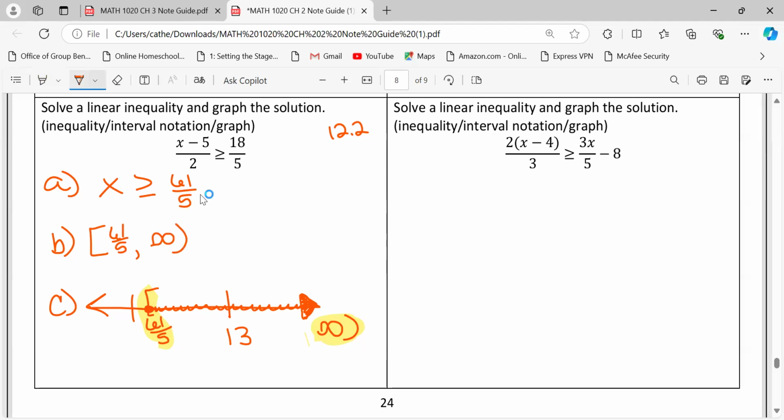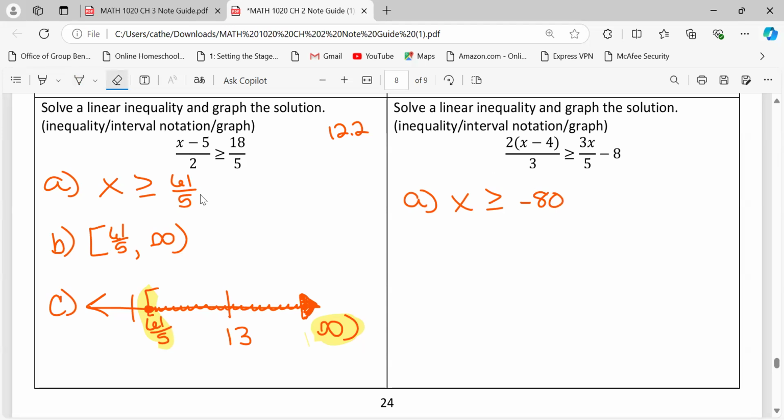Negative infinity is always on the left, positive infinity is always on the right. Right, so this one, same thing, you would put it in the calculator. X is going to be greater than or equal to, I'm just bringing that symbol down. And you can do this one on your own. You end up getting negative 80.